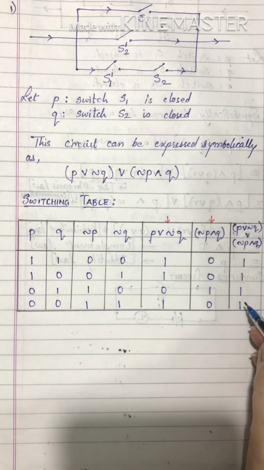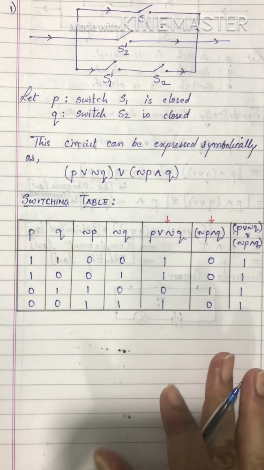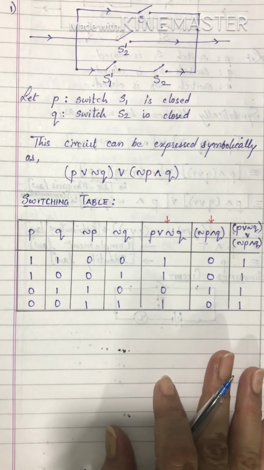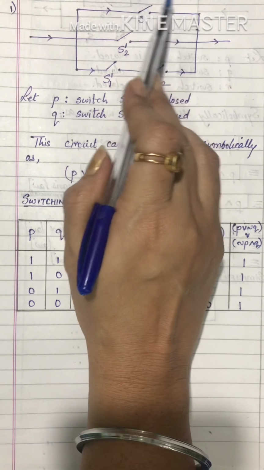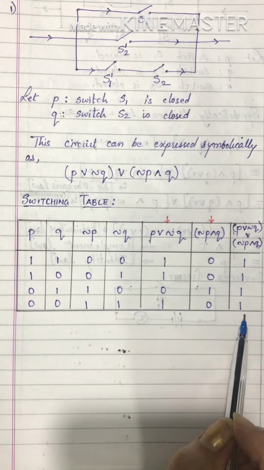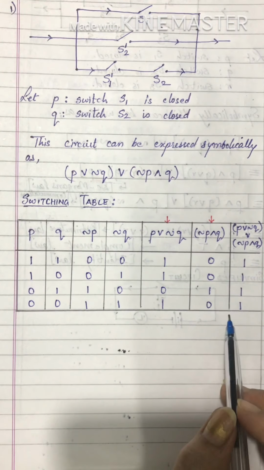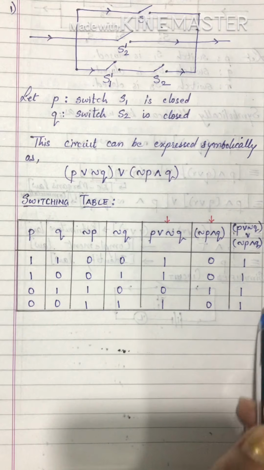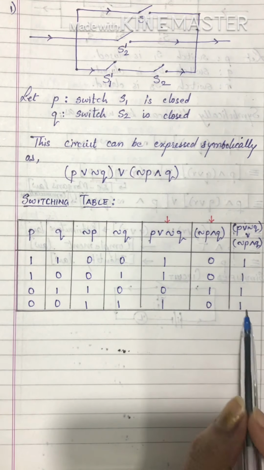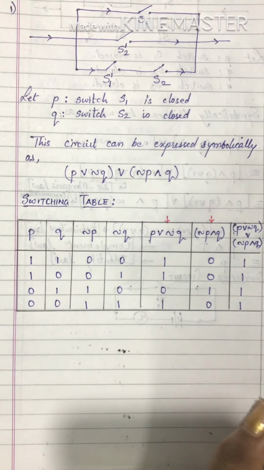This is an example of tautology. But here they have not asked tautology, contingency or contradiction. They have asked us to interpret the results, which means what will be the status of the lamp. Now see, when you get all the values 1, that is all values true, that means the lamp will glow always.